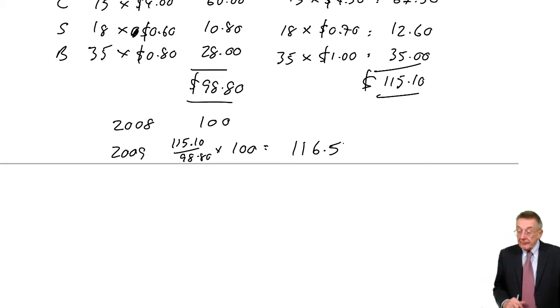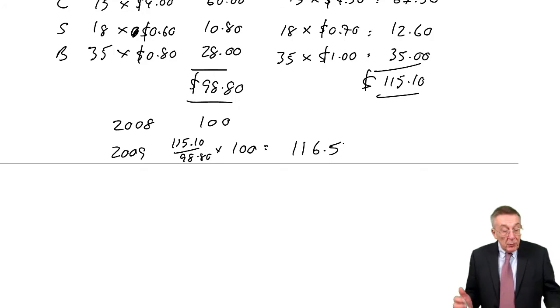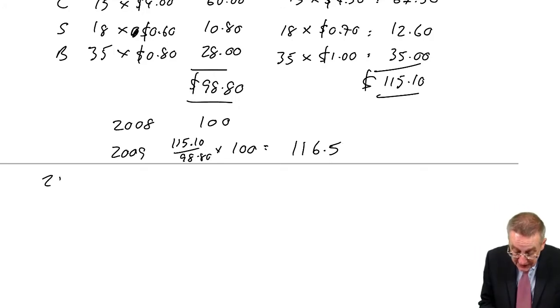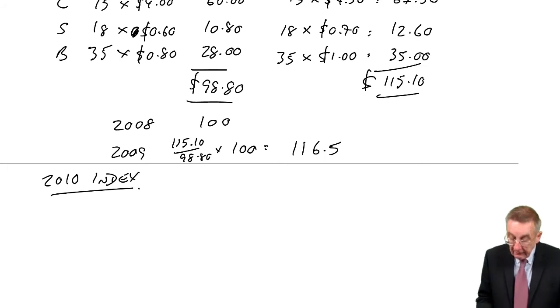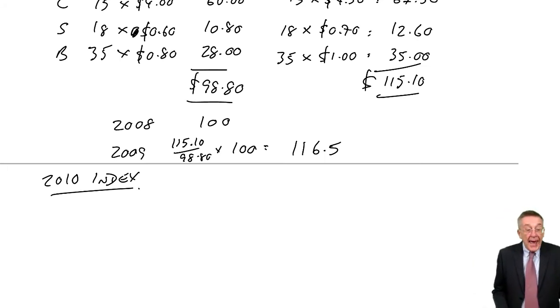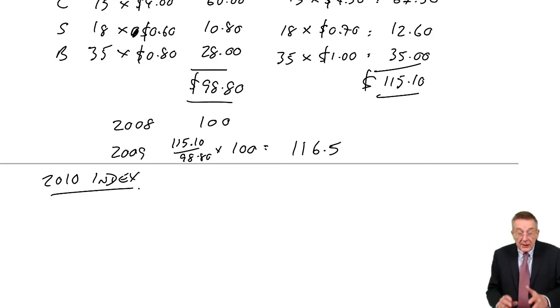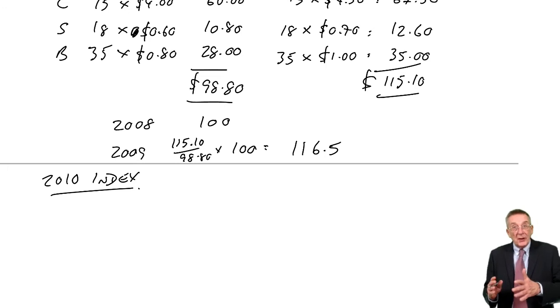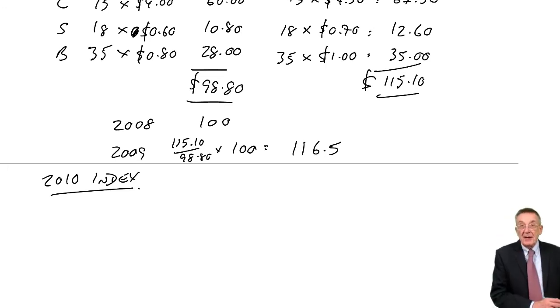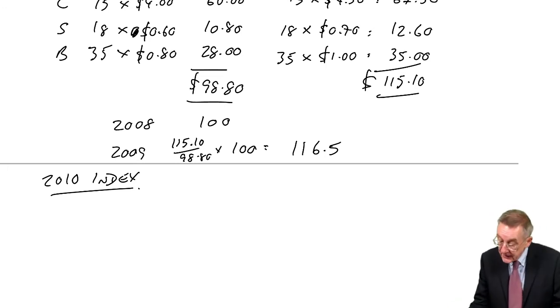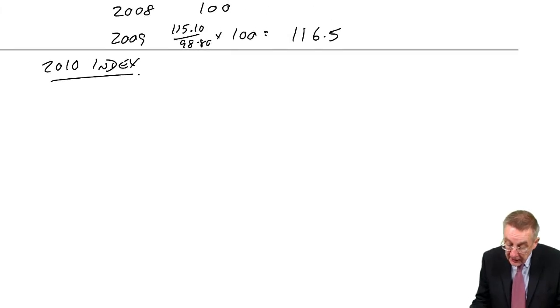So that's fine, except when we come to 2010, same sort of thing, except we always use the current year's quantities. We'll work out the 2010 quantities at base period price and at current price. So we have to do it all over again.